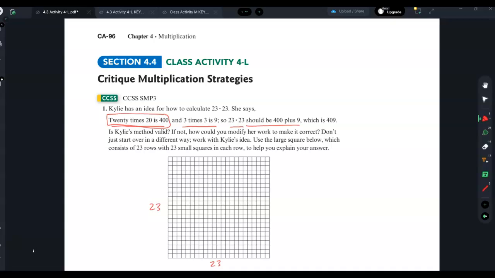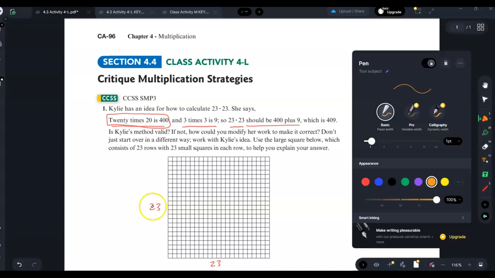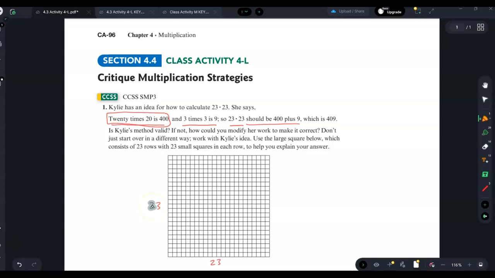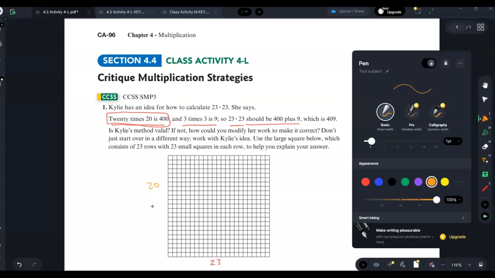So what I might do is I might split this array up. And so maybe split up the 23 into 20 and 3. And I'll do that on both my rows and my columns. So I'm going to color code this a little bit. I'm going to split this up into 20 and 3.